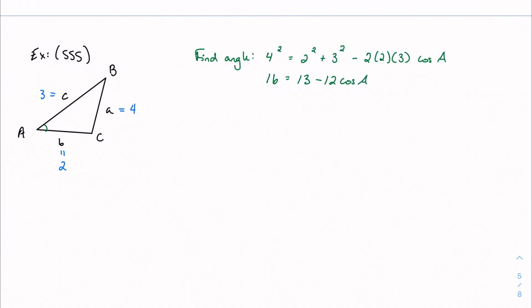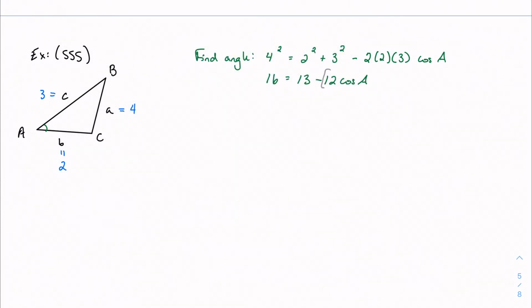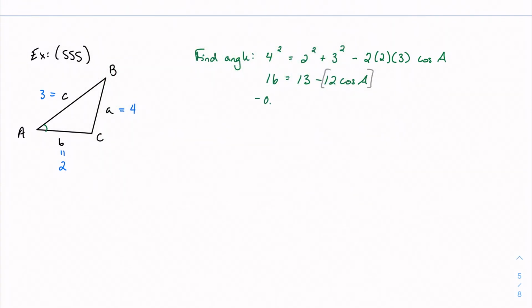Use your order of operations. The 12 and the cosine A are being multiplied, so you can't do that. So I'm going to subtract 13, divide by negative 12. So I get negative 0.25 equals cosine A, which tells me that A is 104.48 degrees.